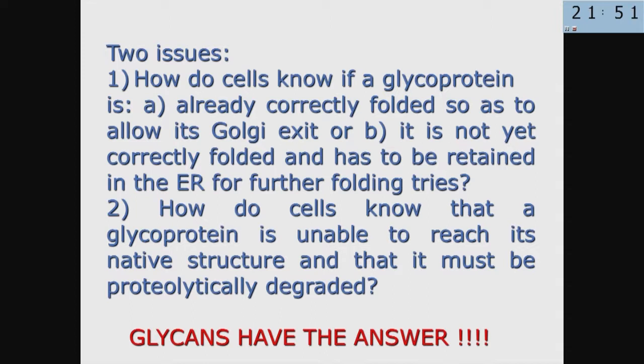This last one is not a trivial question, because folding intermediates are structurally indistinguishable from irreparably misfolded glycoproteins. So how can the cell know to degrade one and retain the other for further folding tries? Well, glycans have the answer for that.